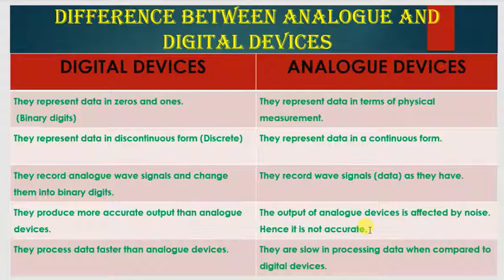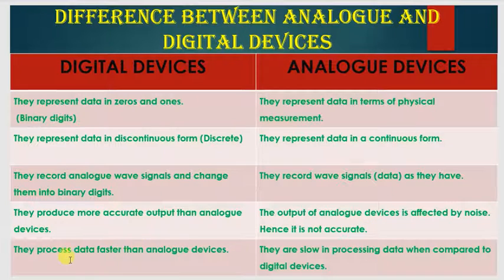Let's assume you are talking through a microphone and someone is also disturbing. The output that will come out will not be only your voice, but your voice together with the one that is in that particular environment. So analog devices always give outputs that are not accurate.